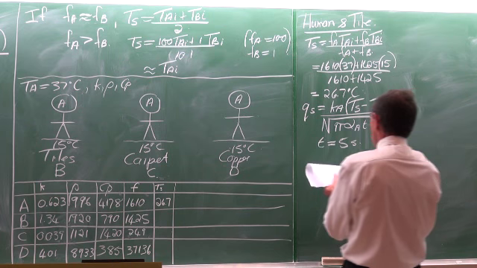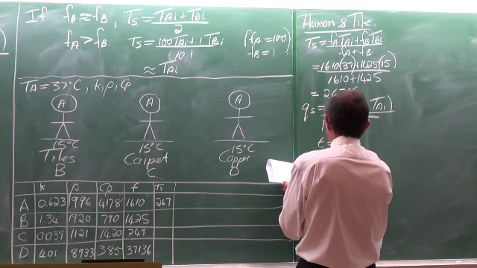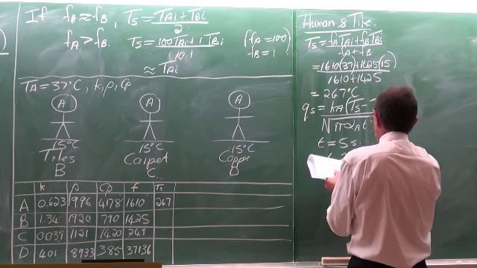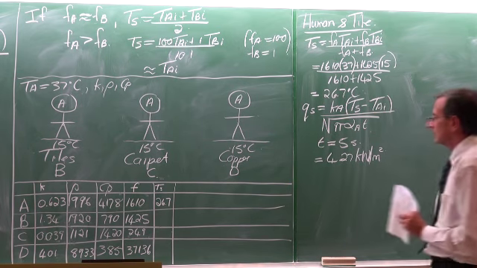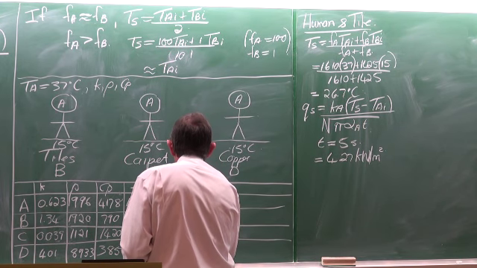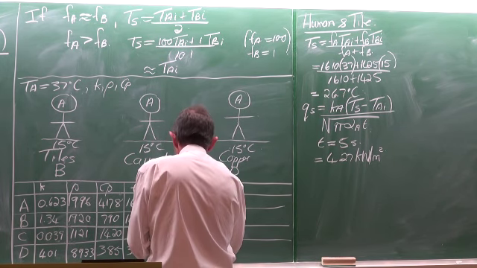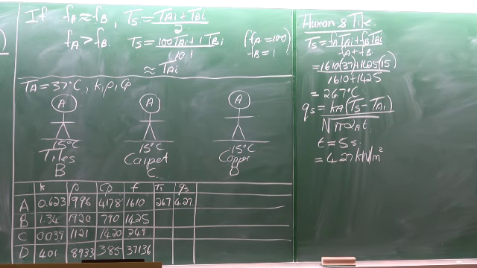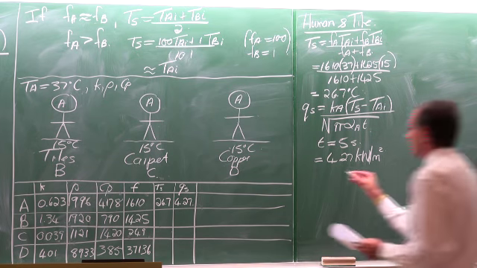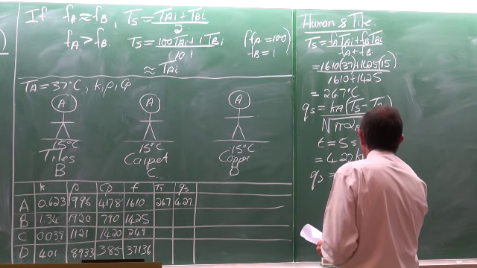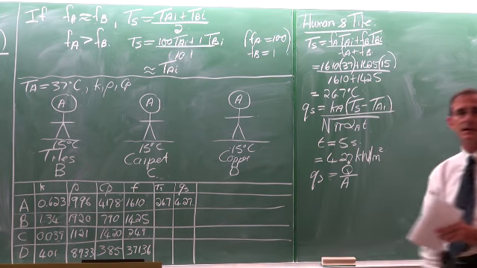So if we do that calculation, it is equal to 4.27 kilowatts per square meter. And now, remember, the heat flux is equal to the heat transfer rate divided by the surface area.